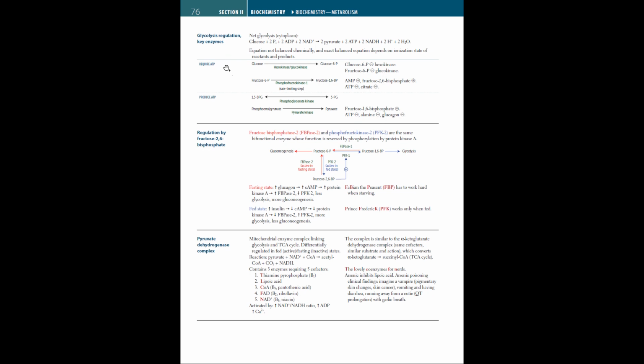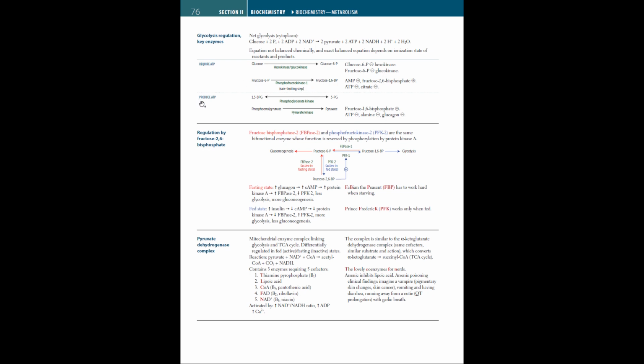The steps in glycolysis that require ATP are the conversion of glucose to glucose 6P, which is done by hexokinase, and fructose 6P turning to fructose 1,6-BP, which is done by phosphofructokinase 1 and is the rate-limiting step.